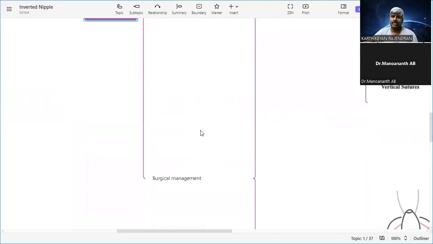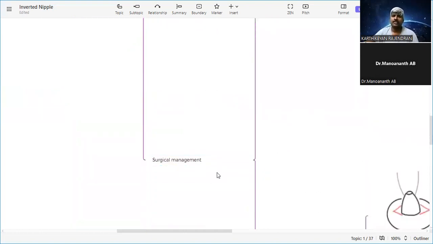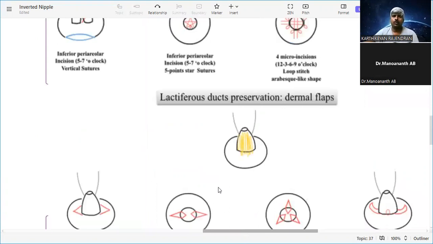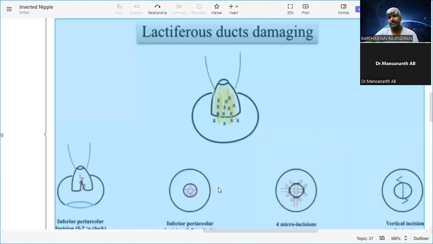Coming to the surgical management, this deals with two things: lactiferous duct damaging procedures and lactiferous duct non-damaging procedures.